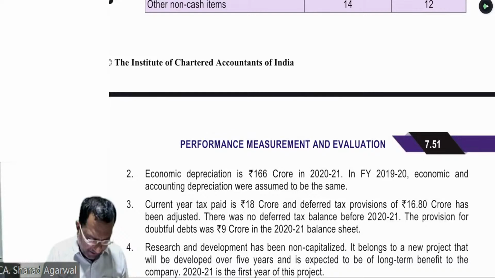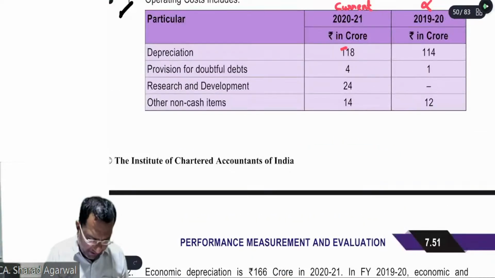If any adjustment is related to 1920 regarding the depreciation amount, we will not do anything because the economic and accounting depreciation are the same. But in the year 2021, economic depreciation is 166 crore, while the accounting depreciation is 118 crore.